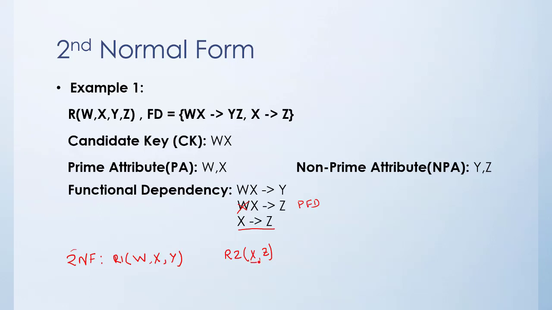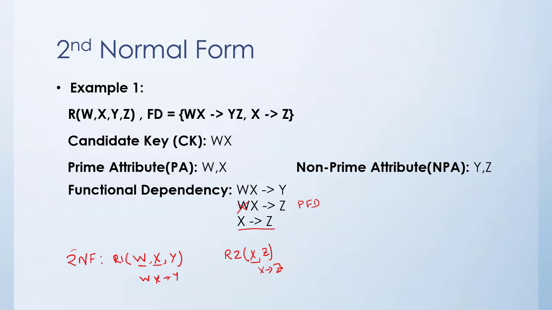So here WX is my candidate key, and the functional dependencies present over here are WX determines Y and X determines Z. Clear? So you can see that the non-prime attribute in R1, that is Y, is fully functionally dependent on the candidate key WX.